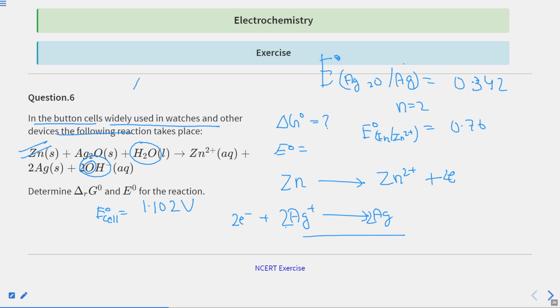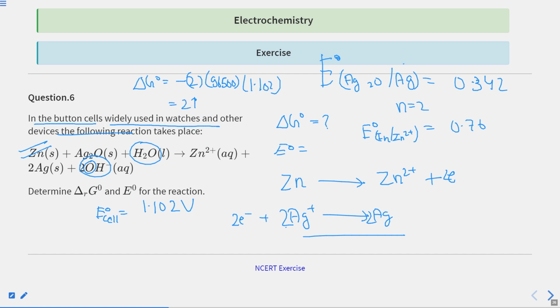What will be delta G naught? Minus, 2 electrons are involved, F is 96500, and 1.102. Just incorporate this value and find it. So this will be approximately 212.686.